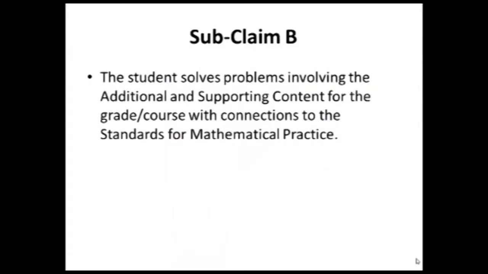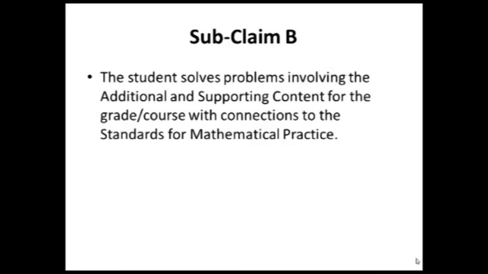All right, so subclaim B then takes a little bit of a different cut on things. Subclaim B still involves mathematical content, still involves a connection to the standards for mathematical practice, but it's called additional and supporting content. So you're going to see content under subclaim B that is in addition to what you've just taught, the stuff in A, the important stuff.